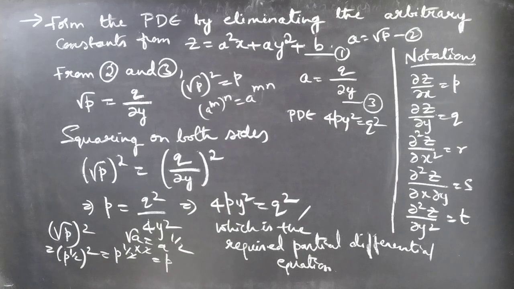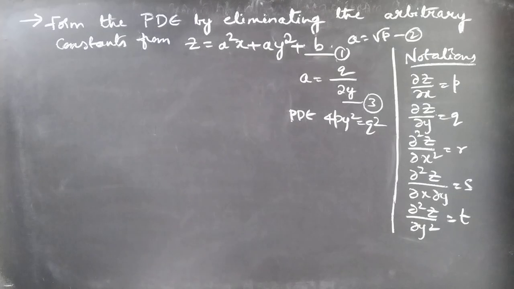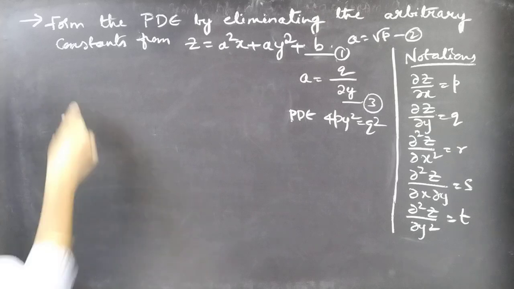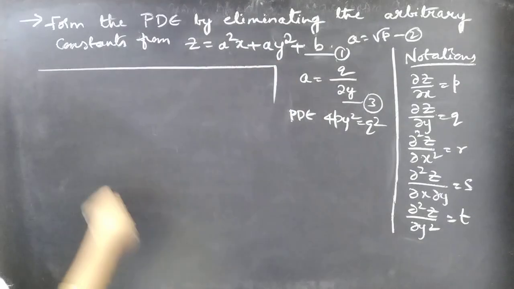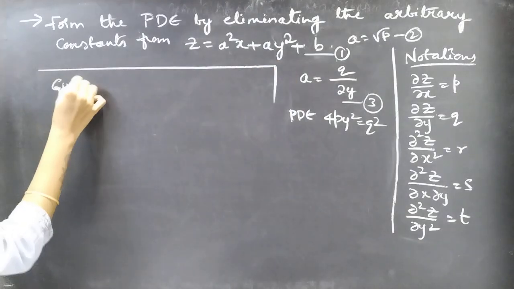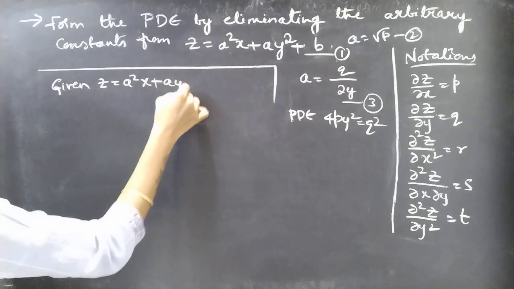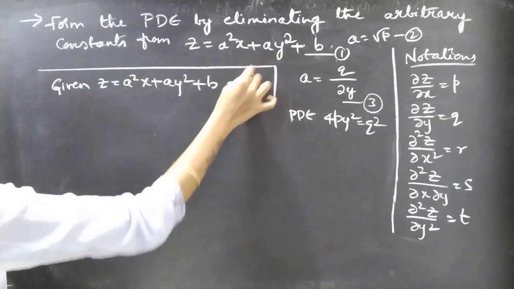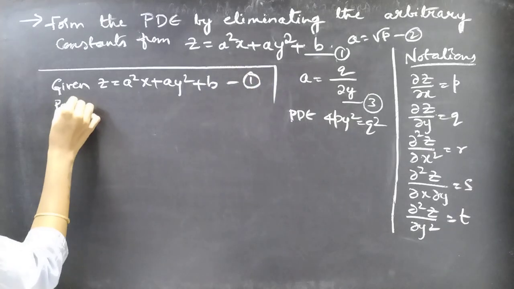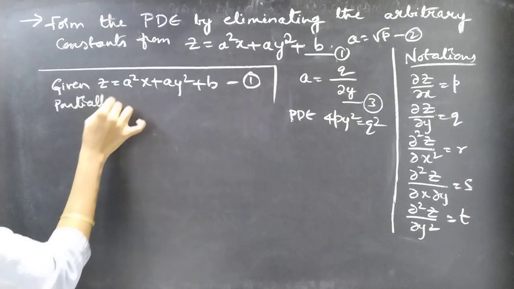Fine. Now coming to the shortcut. Given z equals a squared x plus a y squared plus b, right? We have considered it as equation number 1. Now let's partially differentiate 1 with respect to x.